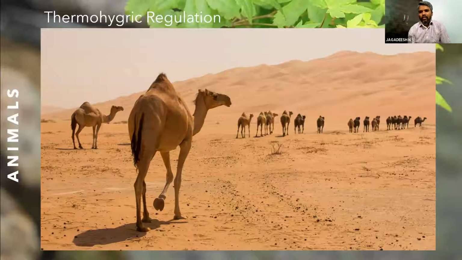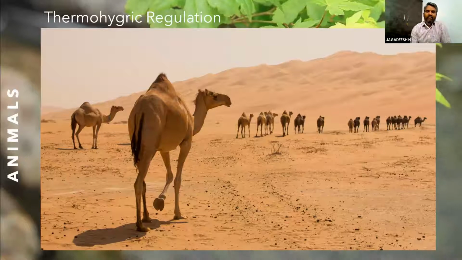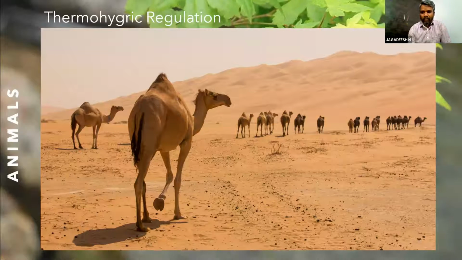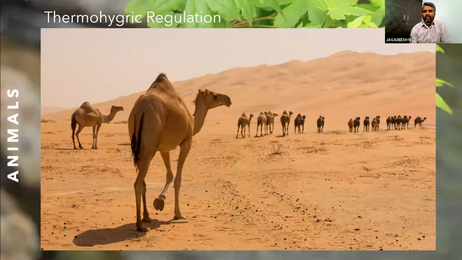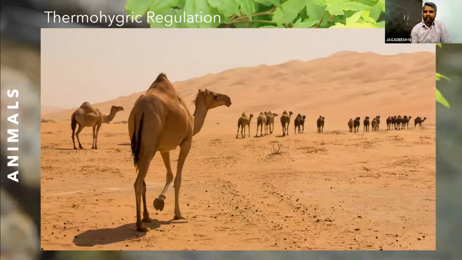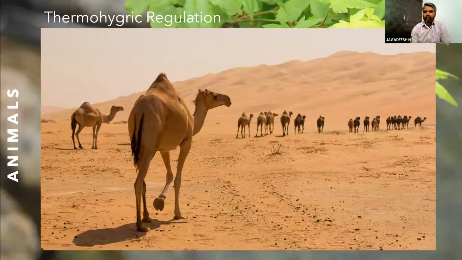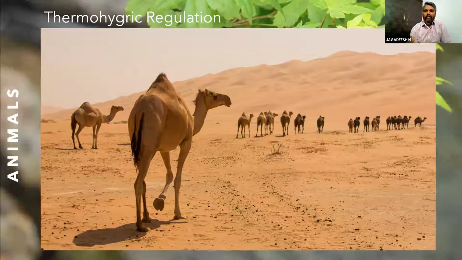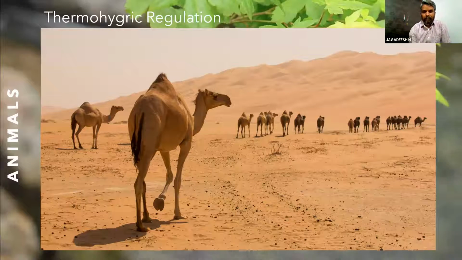And also, all the animals living in the deserts have lighter body colorization. Having lighter body colorization reflects the incoming solar radiation and keeps the body temperature low. Okay. And they also work as a camouflaging agent.